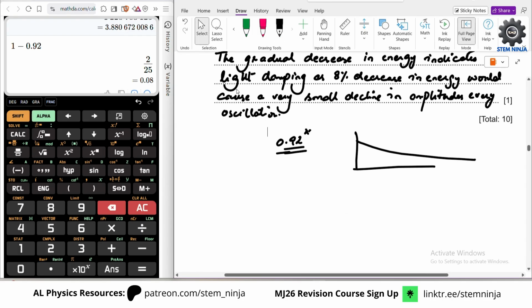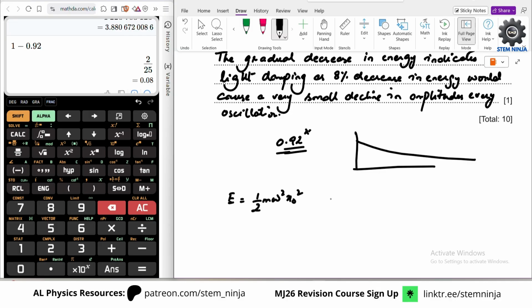So total energy is basically half m omega squared x naught squared. So basically the energy itself is proportional to x naught squared, the amplitude squared. So if the energy is decreasing with a factor like this, that means the maximum amplitude is also decreasing with a factor like this.